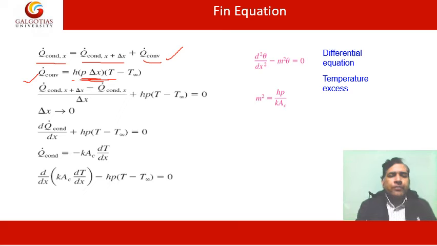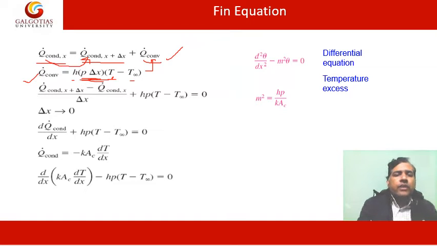And then T minus T infinity, where T is the temperature of the volume element and T infinity is the ambient temperature. If we rearrange this equation, bringing this part to this side, we get: rate of heat conduction at x plus delta x minus rate of heat conduction at x, divided by delta x, by dividing the whole equation by delta x, plus the convection value, h P into (T minus T infinity).